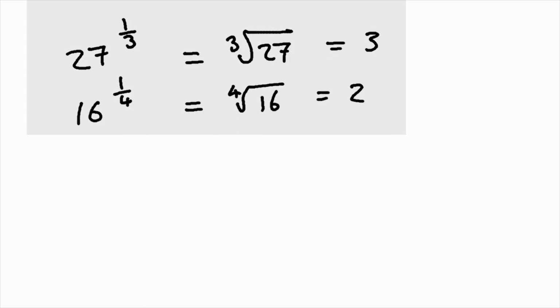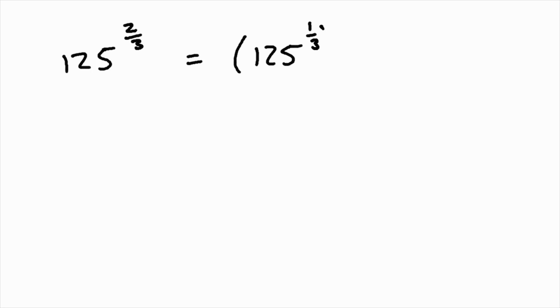But what happens if instead of having 1 over as our fraction, we have something a bit more complex? What about 125 to the power of 2/3? So let's just rewrite this a different way. Let's write this as 125 to the power of a third, squared.